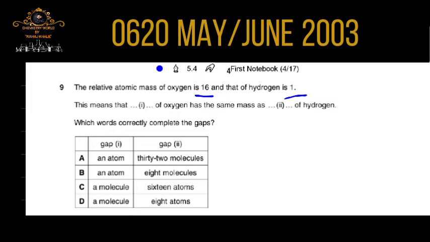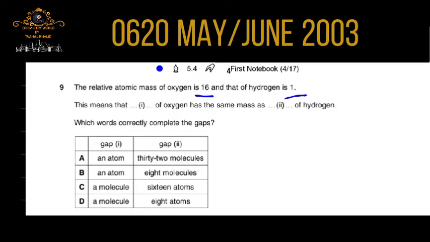So fill the blanks: an atom of oxygen with 2 molecules of hydrogen, an atom with 8 molecules of hydrogen, a molecule with 16 atoms of hydrogen, and a molecule with 8 atoms of hydrogen. So which option is the right one? It's option number B.